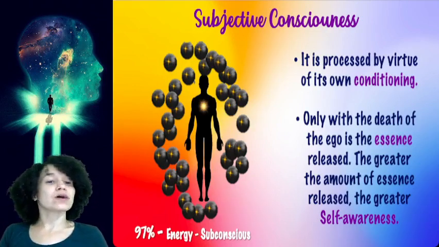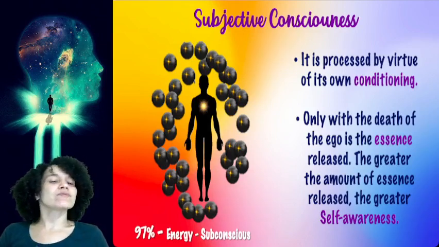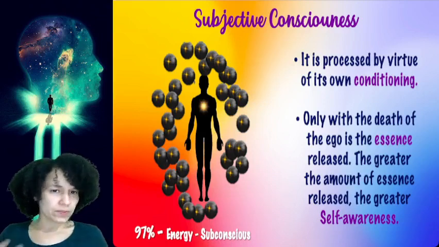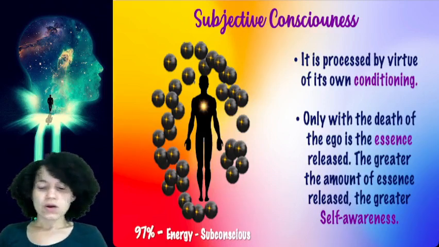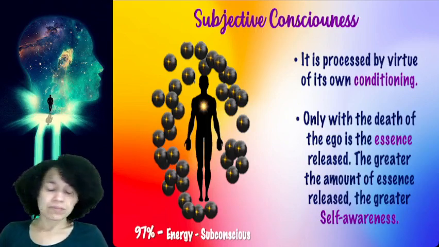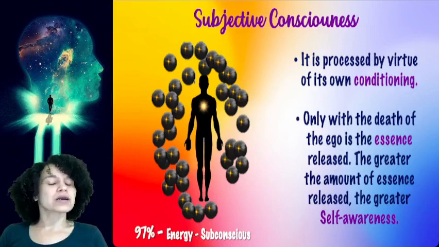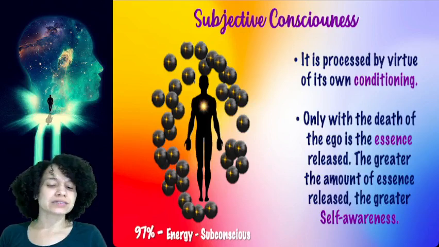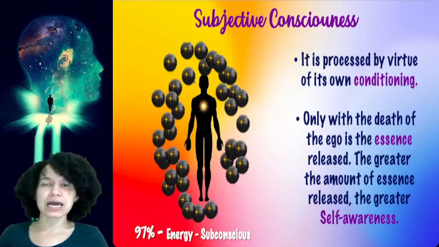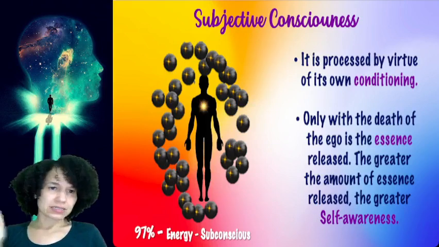If lust manifests in us frequently, each time we become more lustful, more perverse. Or if sadness, depression, anxiety manifest frequently in us, it becomes more difficult for us to get out of those states of depression, of anxiety, of sadness, or of any vice.